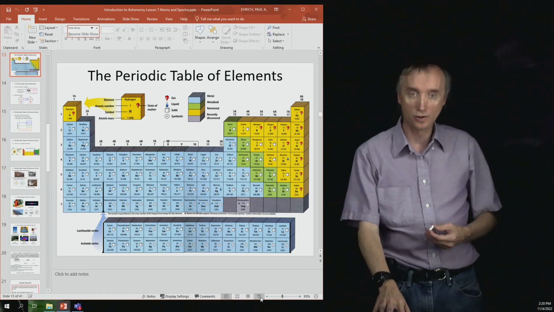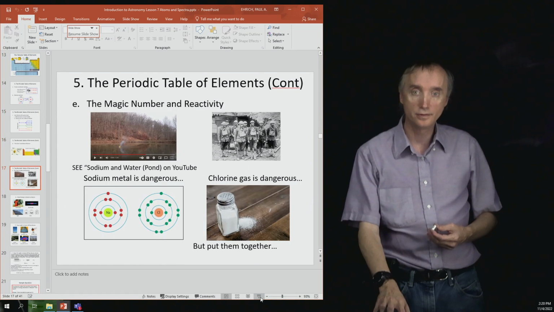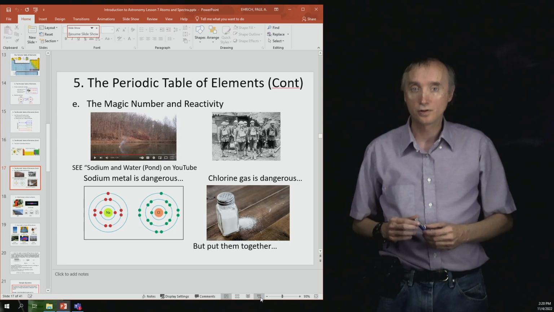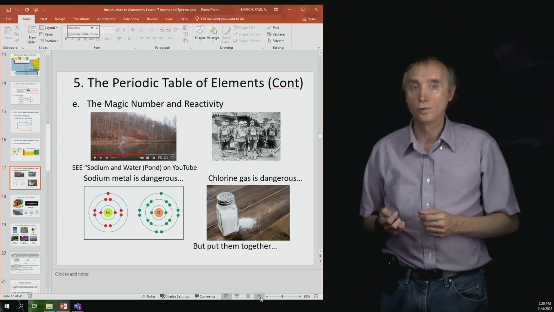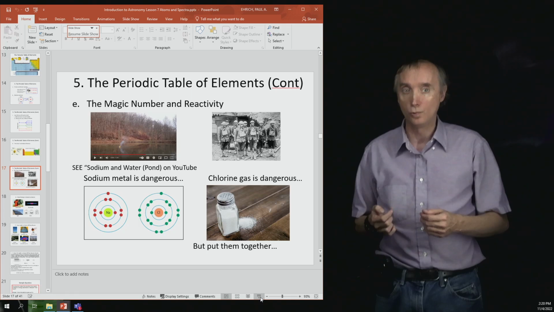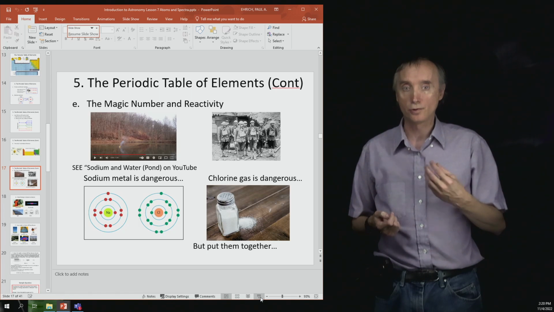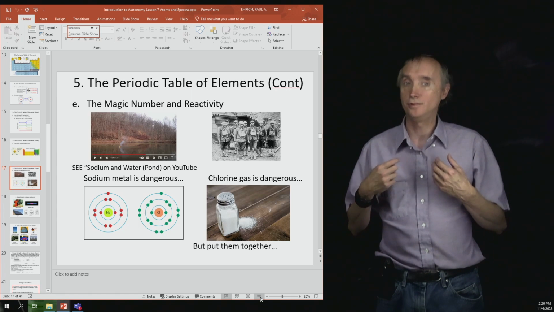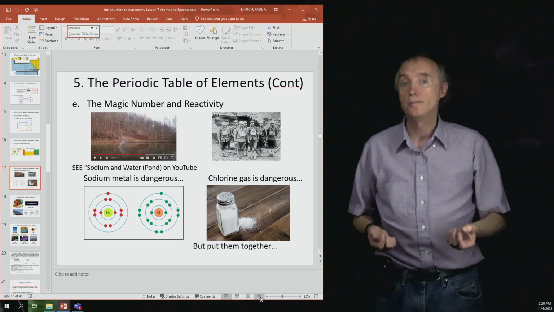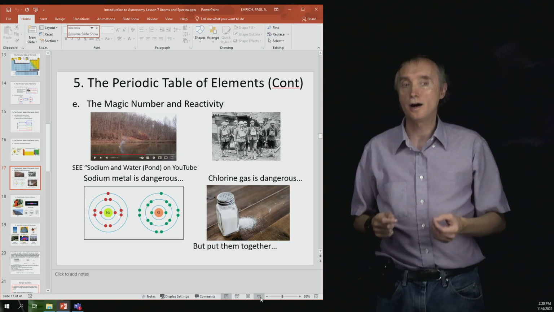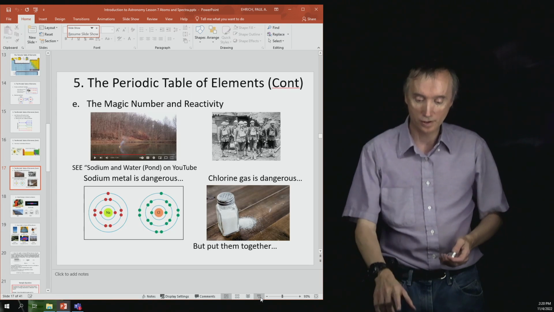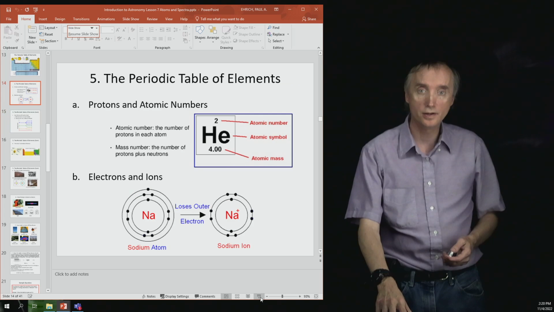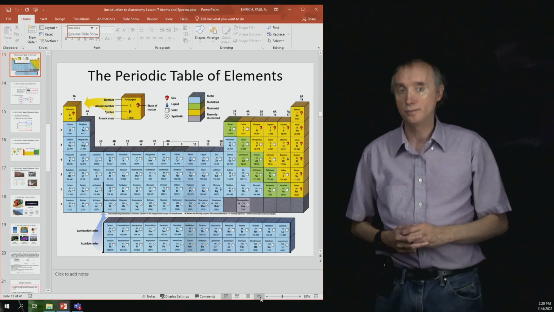Now, let's take a look, on the other hand, at chlorine. Chlorine was used during World War I as a chemical weapon, and if you breathe chlorine gas, you're going to die. Because chlorine is in column, you tell me. Where is chlorine in the periodic table?